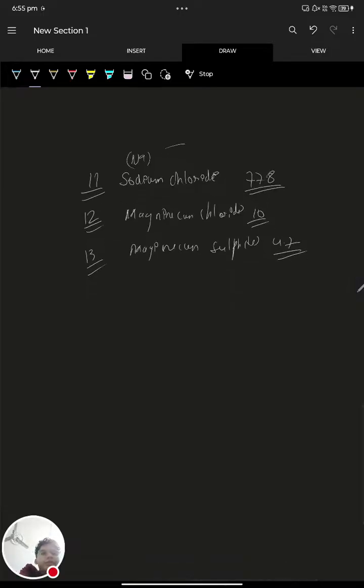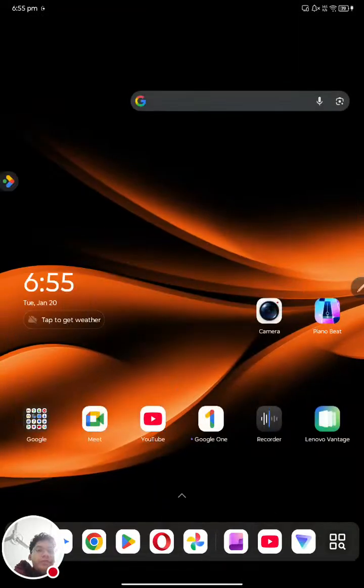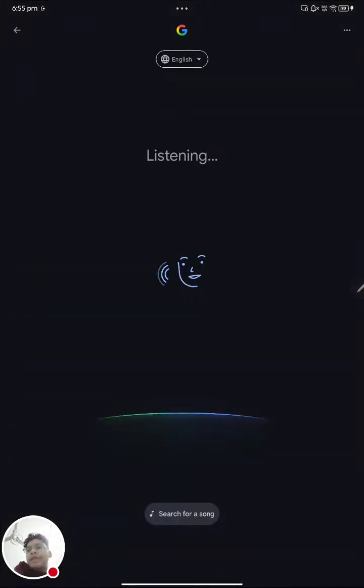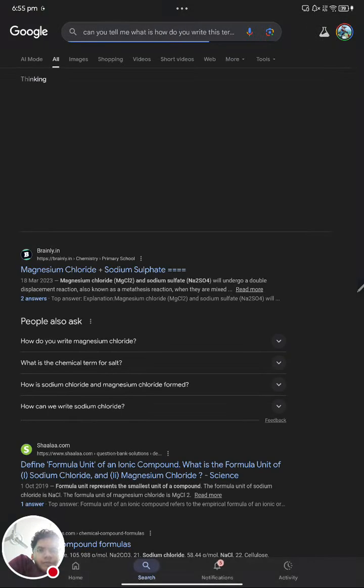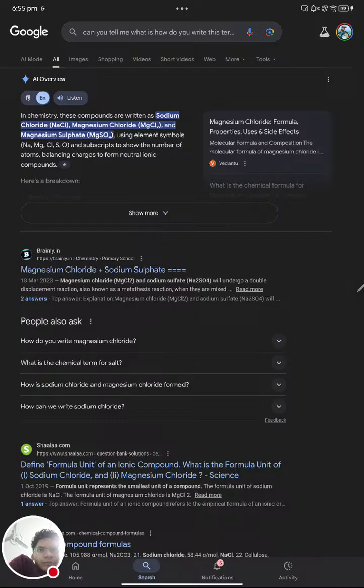Okay. Now I want to know one more thing. Can you tell me how you write these terms in chemistry? Sodium chloride, magnesium chloride, and magnesium sulfate. NaCl, MgCl2, MgSO4. Sulfate is SO4. Sodium chloride is NaCl, chloride is Cl.